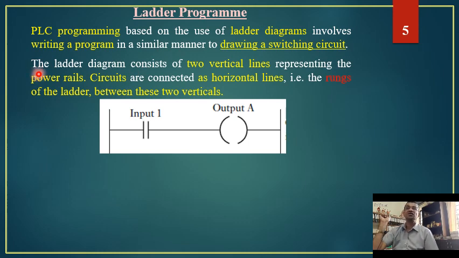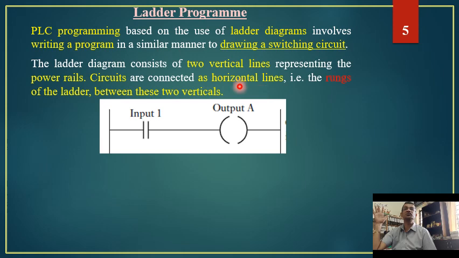Now, as I have already mentioned, the ladder diagram consists of two vertical lines, this one and this one, representing the power rails. This may be the positive power rail, this may be the negative power rail. So circuits are connected as horizontal lines. Any circuit you think of, in the previous case we had two switches and one solenoid.